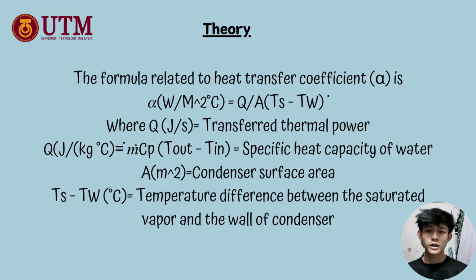Q is equal to mass flow rate times Cp times (T out minus T in), where Cp, with unit J over kg degree Celsius, is the specific heat capacity of water. A, in m squared, is the condenser surface area. And Ts minus Tw, in degree Celsius, is the temperature difference between the saturated vapor and the wall of the condenser.